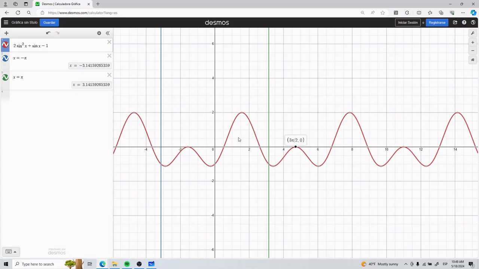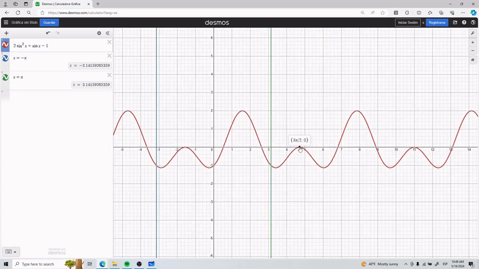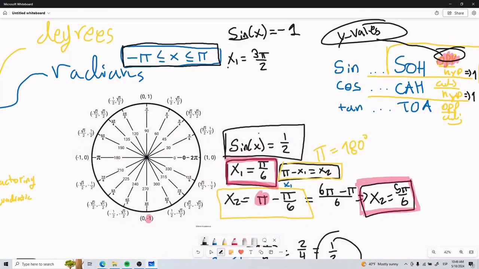Now, because this is a cycle that always repeats, you can do pi minus this guy, and you end up with the same intersect, but here, which is going to be -pi over 2. So visually, that's what we're doing. You end up with the same answer, but over there, because it's a cycle that always repeats. That's why this works.